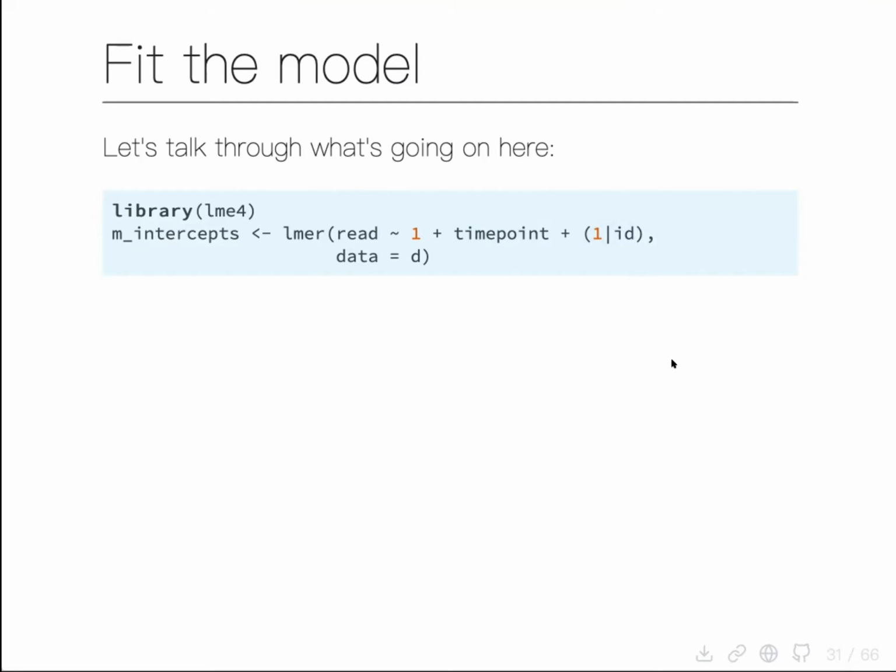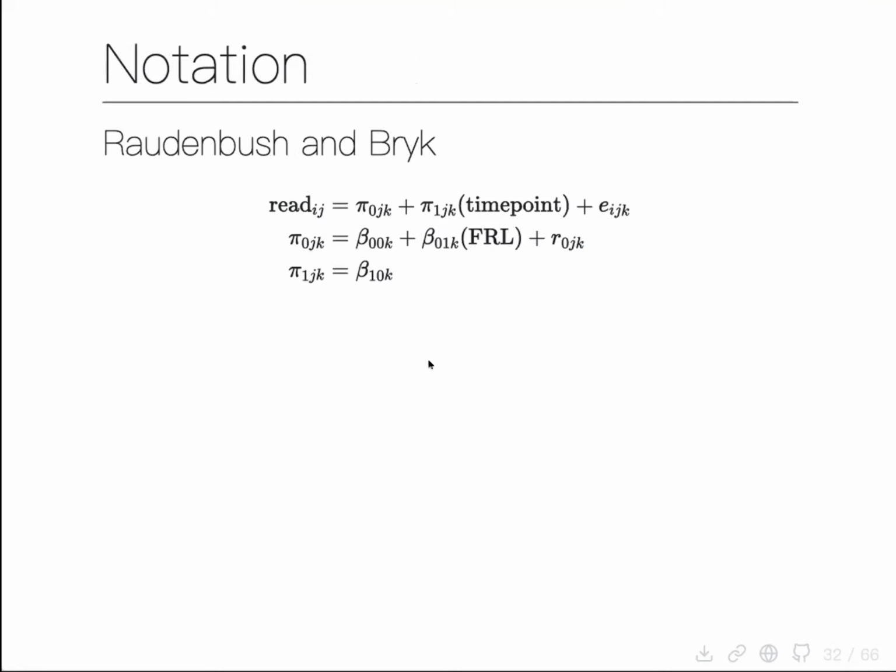We have this ID column, which is every student, and we're saying the intercept varies randomly across ID. So every ID has their own intercept. And then we just specify data equals d. Okay, any questions on that? All right, so that's our model. That's our random intercepts model.